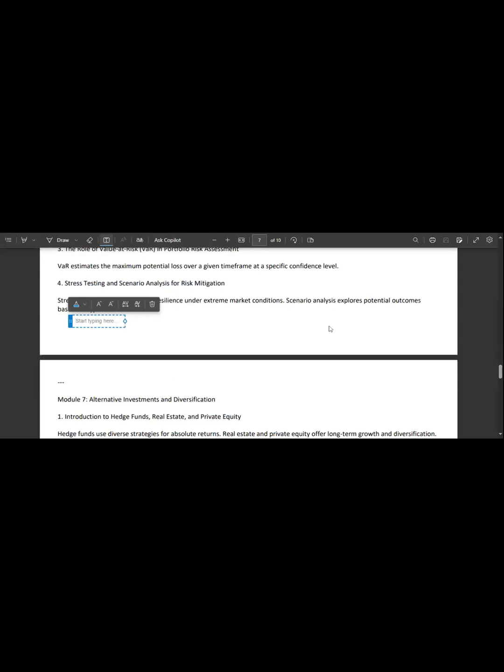Portfolio. Portfolio is 1 million Kenya shillings. Ratio of stocks to bonds in your portfolio.